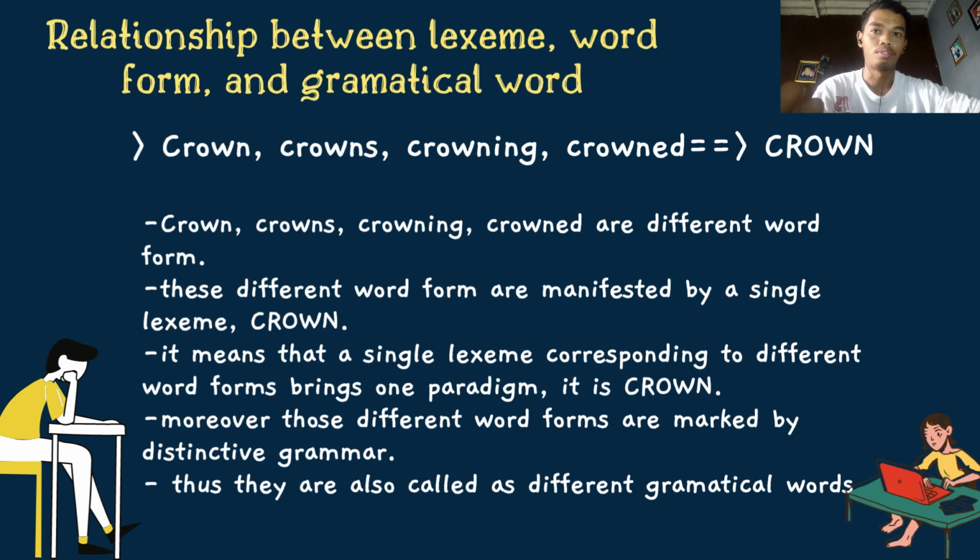These are different word forms manifested by a single lexeme, crown. It means that a single lexeme corresponding to different word forms brings one paradigm. Moreover, these different word forms are marked by distinct grammar. Thus, they are also called different grammatical words.